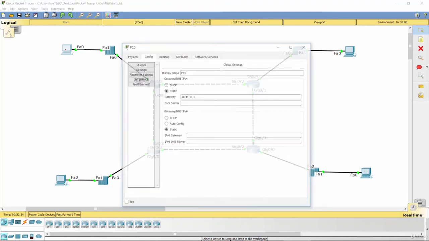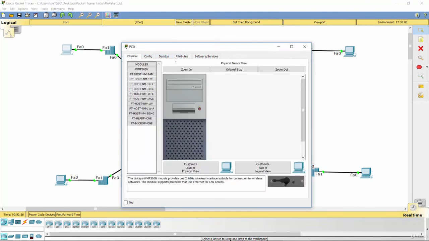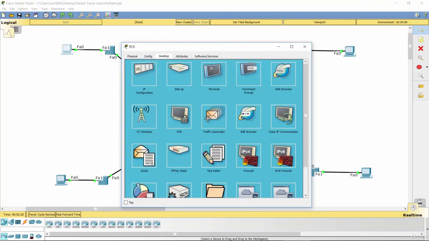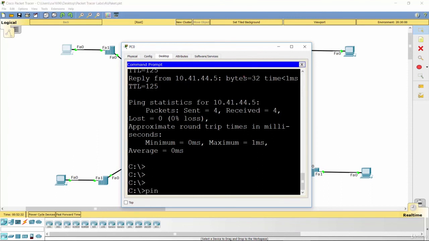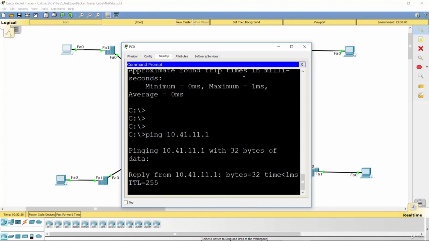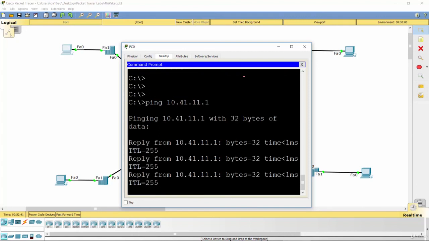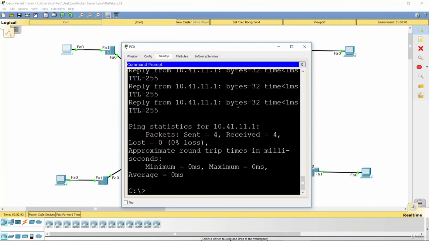And first, I can take a look if I have a connection to my default gateway or not by pinging the default gateway. As you can see that there's no problem. I can ping my default gateway.